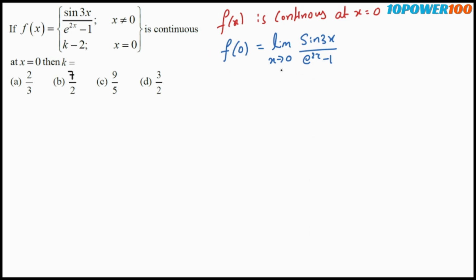Now, if you substitute x is equal to 0 here, it becomes 0 by 0 form, and that is undefined. So that's the reason I'm using L'Hospital rule. The rule is just differentiation of numerator and denominator separately. There's no quotient rule and all.